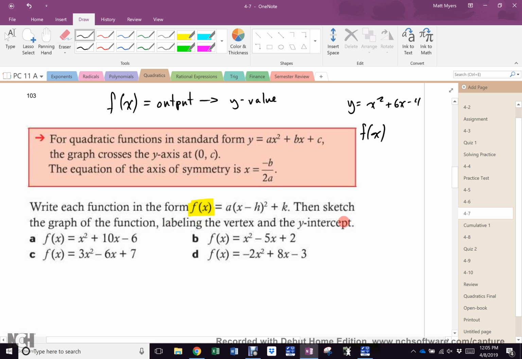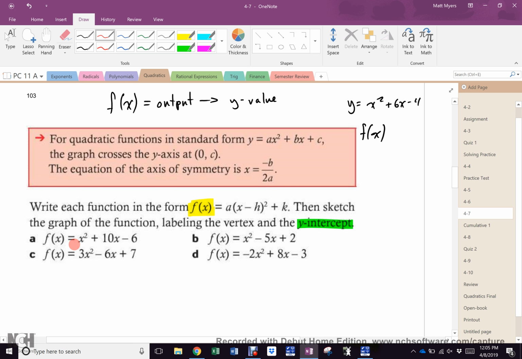But we can get some information before we put it in vertex form, because we already know that, don't we? And if we already know the y-intercept, and do we know if it's a happy or a sad parabola when it's in this form? We know that too, right? Because A would be right there, yeah? And positive A is happy, negative A is sad.